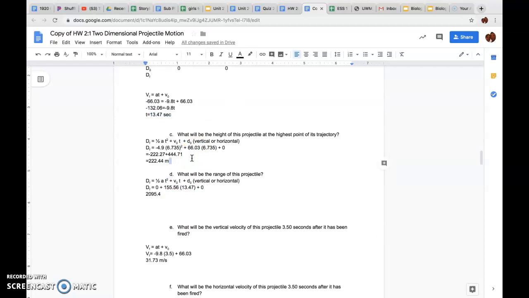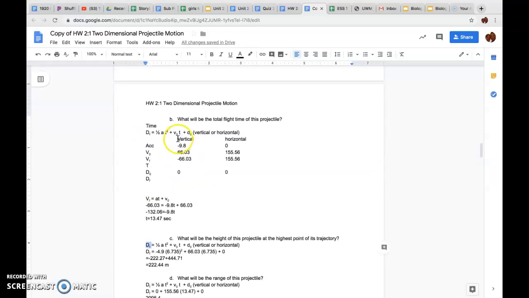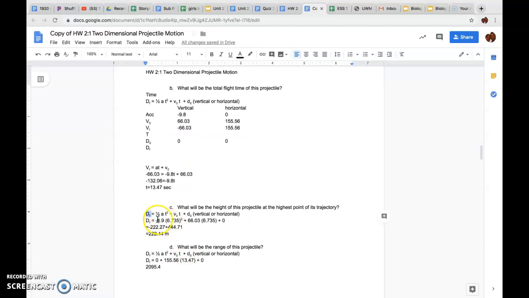All right, next, what will be the height of this projectile at the highest point of its trajectory, or to try to find a final distance? Again, we're going to stick with the vertical stuff because it's asking for a height. We've reduced some of this stuff down where we've got negative 9.8 times a half, which is that value. The time is 6.735. The reason is that if it takes 13.47 seconds to go up and down, it'll take half that time to just go up.